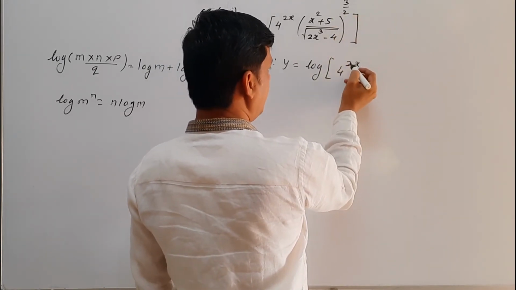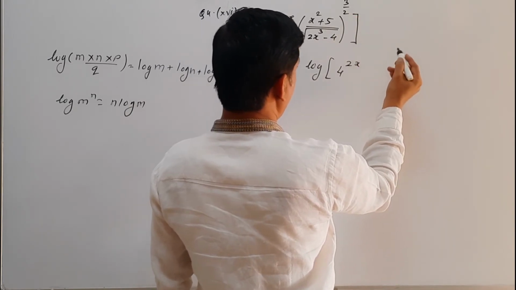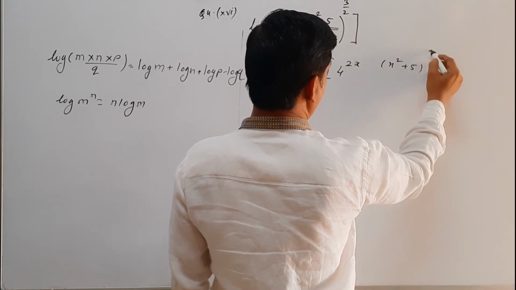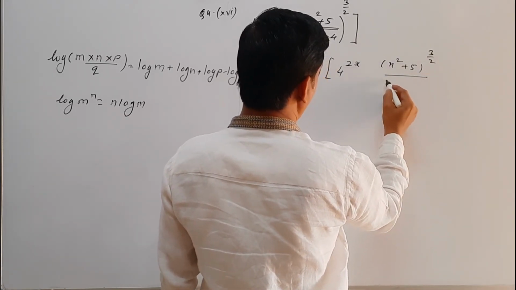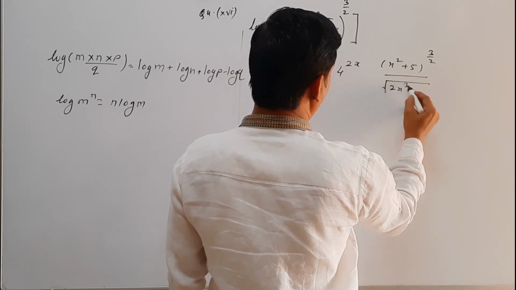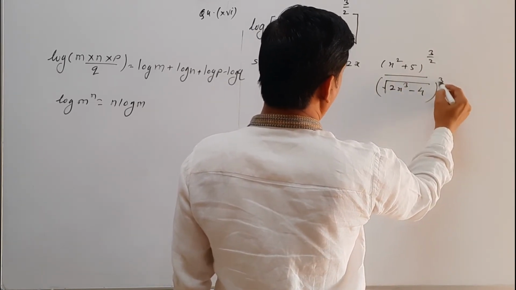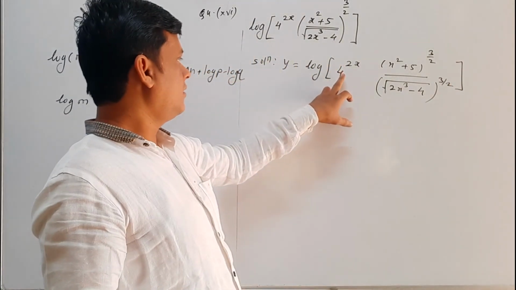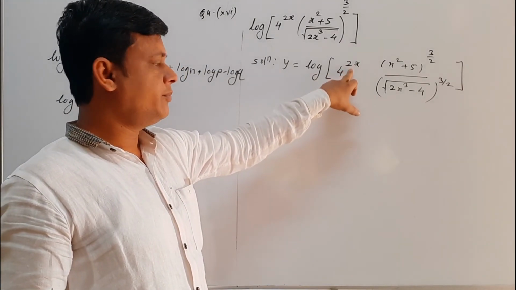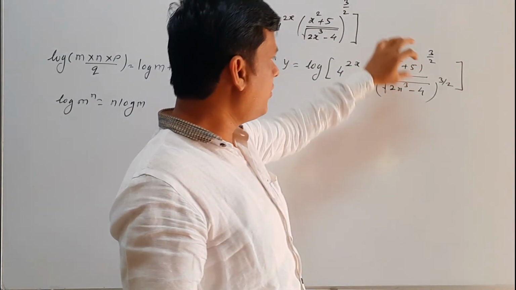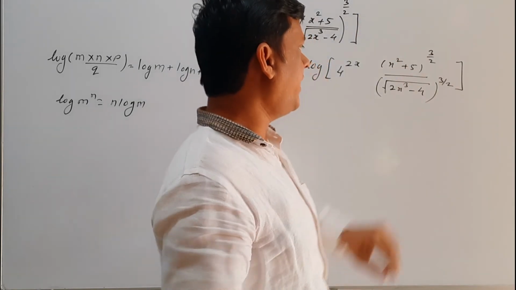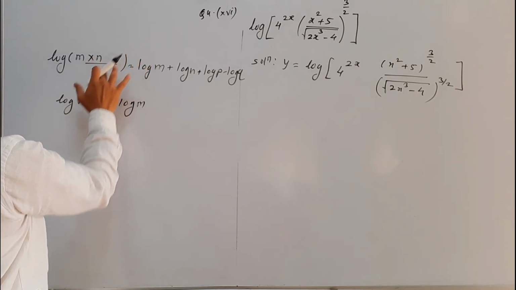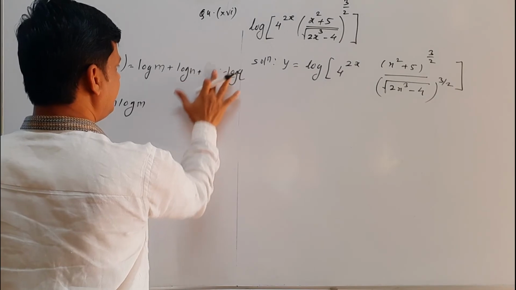We separate the power of numerator and denominator here, so we write this as x square plus 5 raised to the power 3 by 2 upon square root of 2x cube minus 4 raised to the power 3 by 2. Now in place of p we have the value 4 raised to the power 2x, and in place of q we have x square plus 5 raised to the power 3 by 2. Here we consider 4 quantities, m into n upon q, so we write this only.